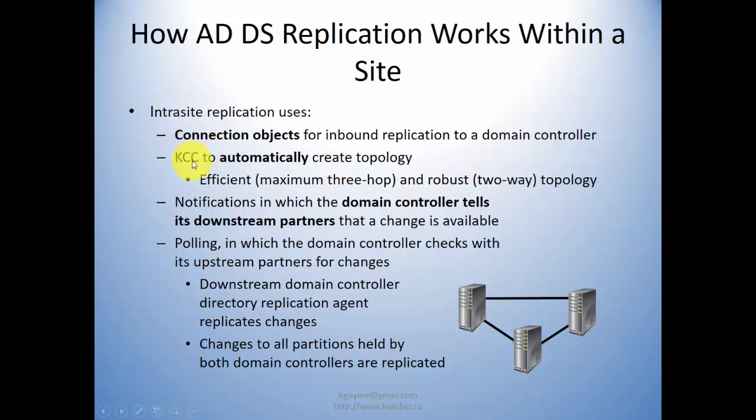So inter-site is between two sites, and intra-site is within one site. Intra is just like intranet, within one site. Inter is like internet, between. So when we say intra-site, KCC is making sure that replication between domain controllers within one site is smooth.